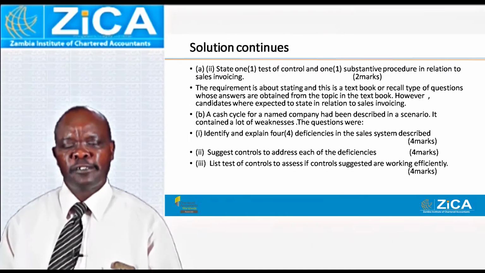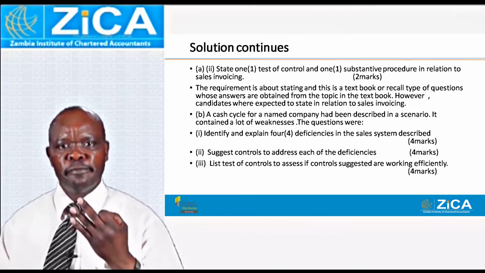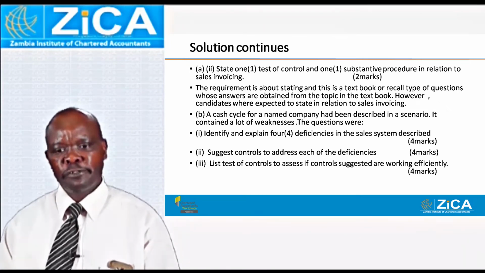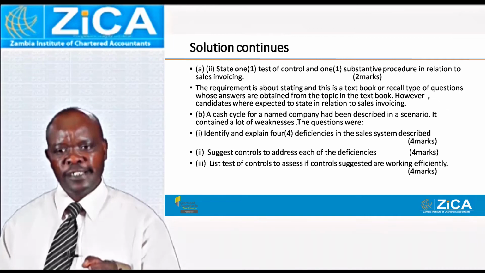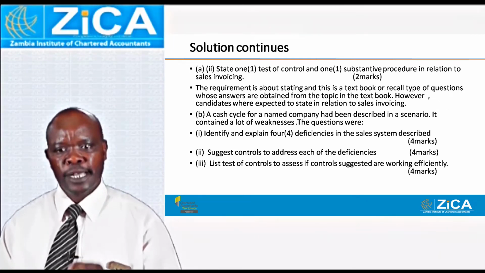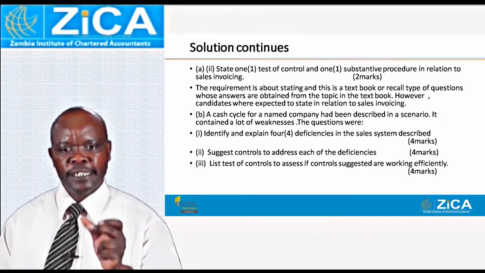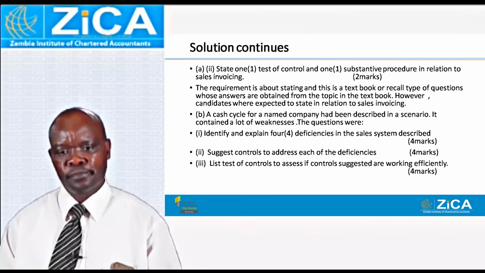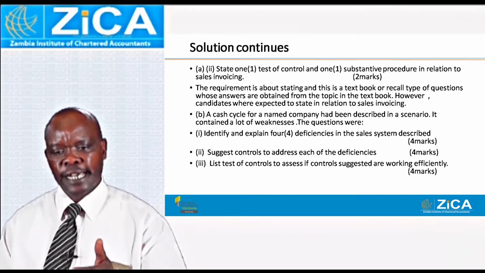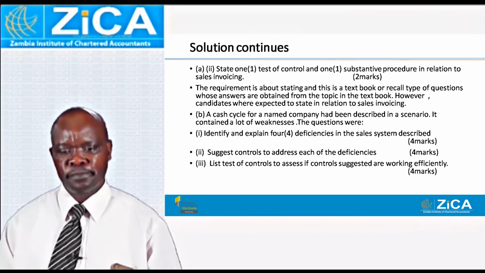Most of the systems thrive on 3 factors. The first is identifying the weaknesses in the system. The second has to do with suggesting the controls. And then the auditor comes to test the controls.